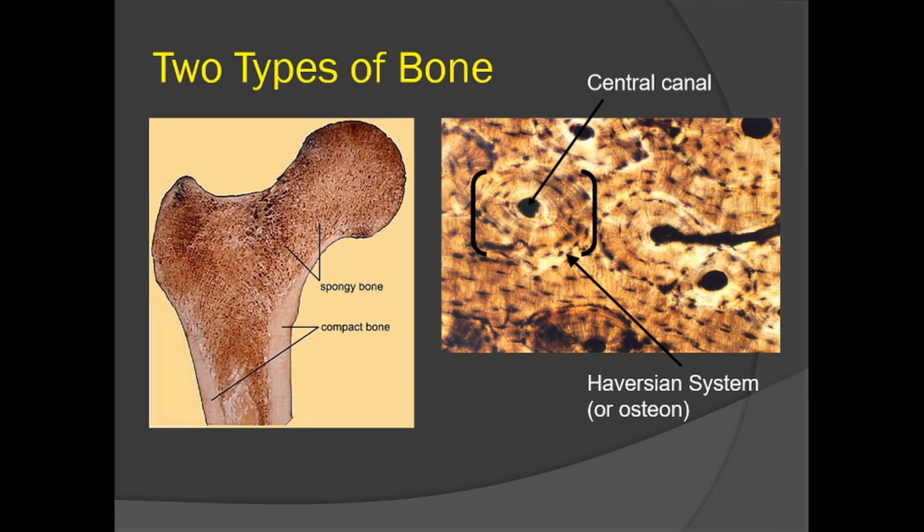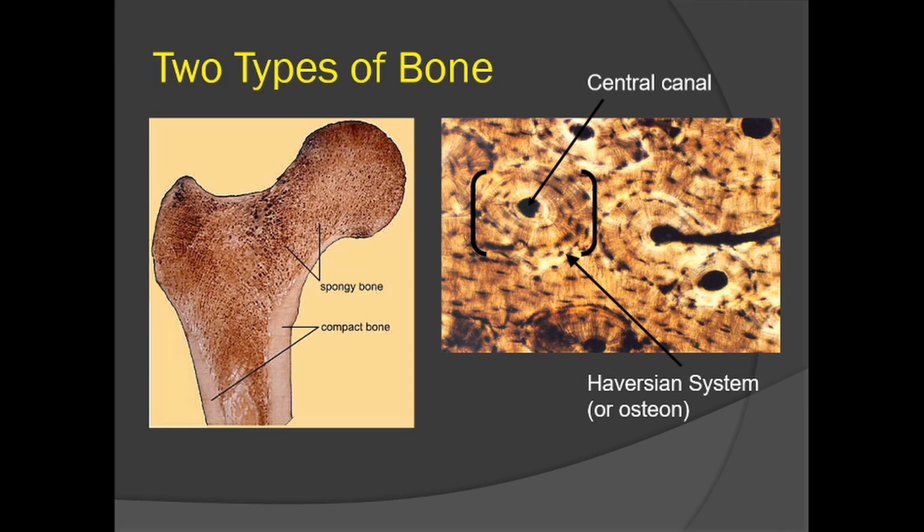And you can see in this cutaway of the femur on the left, that would be which epiphysis, proximal or distal? That would be the proximal epiphysis, where there's an abundance of spongy bone, and then you can see where the compact bone is labeled as well.